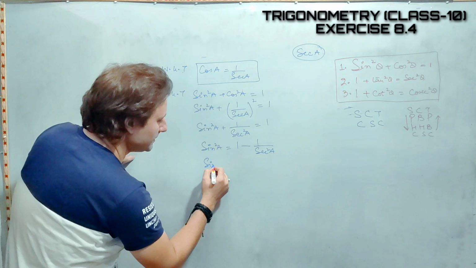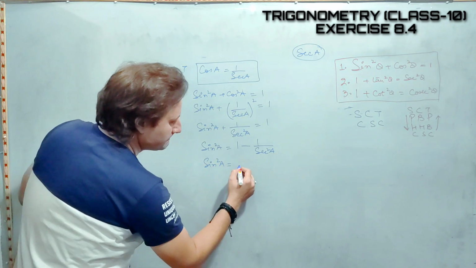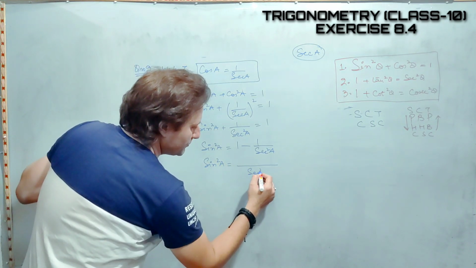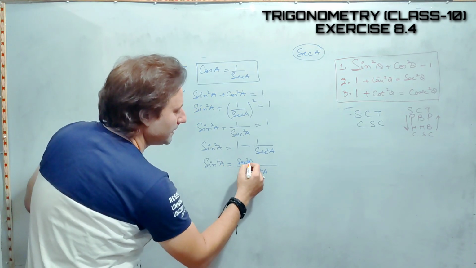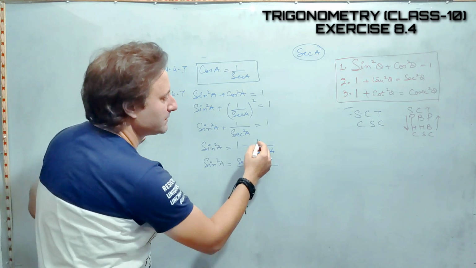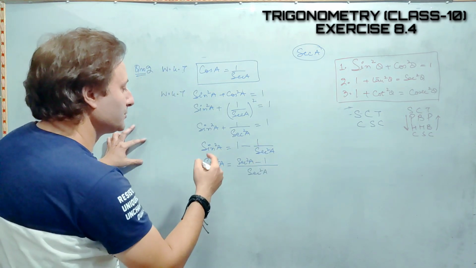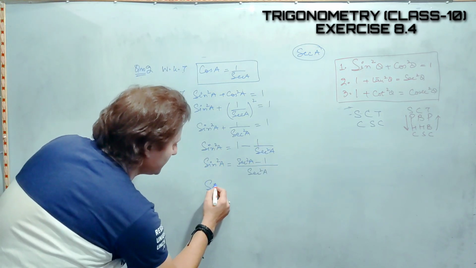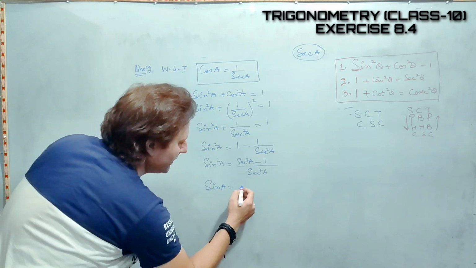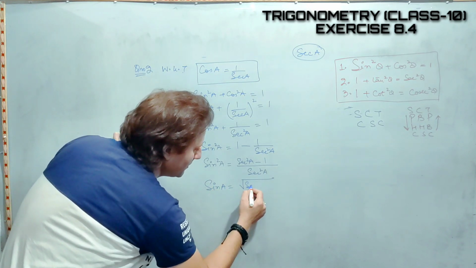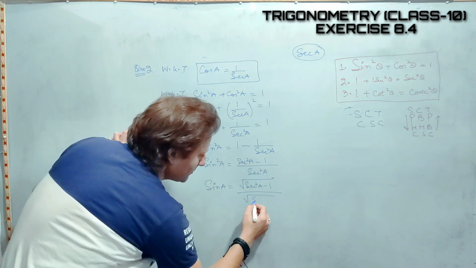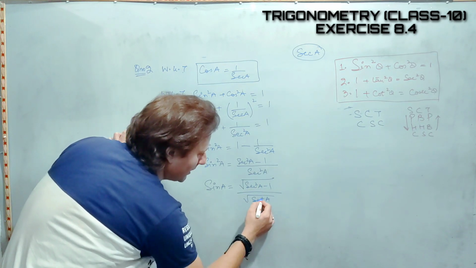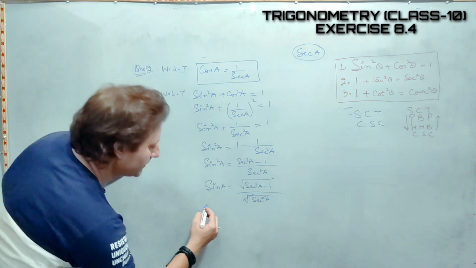Let's take the LCM. It is sec square A. Sec square A multiplied by 1 is sec square A minus 1; we have the denominator and LCM same, so write the thing that is in the numerator. And now I need the value of sine A, so it is under root sec square A minus 1, under root sec square A. So I will take this and this off. What do I have?